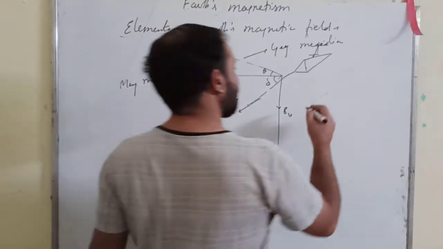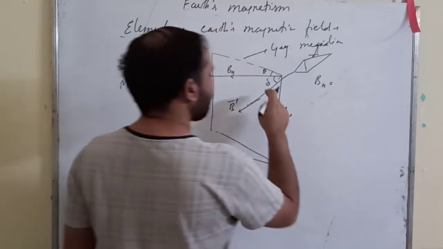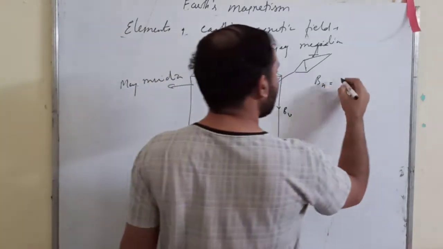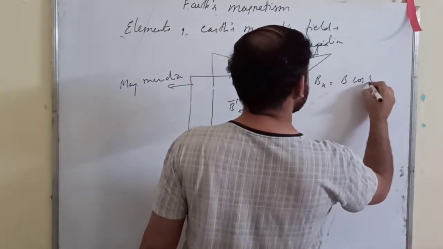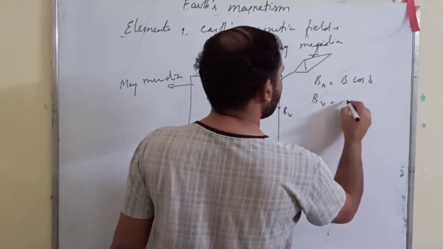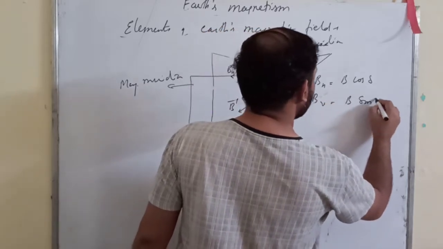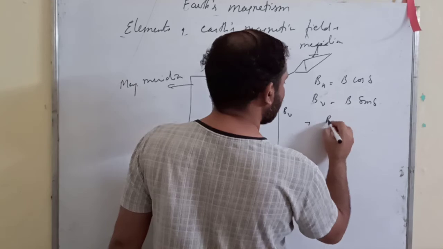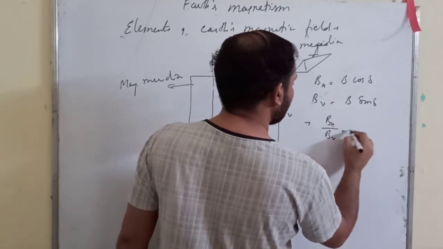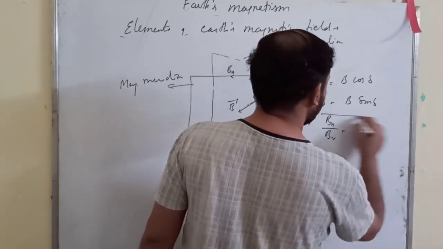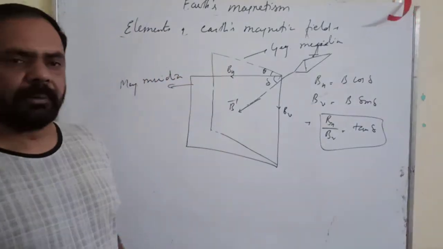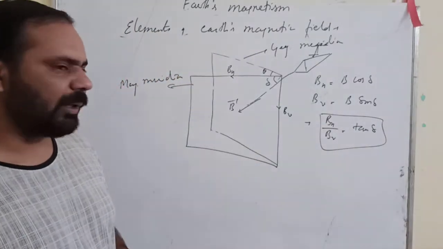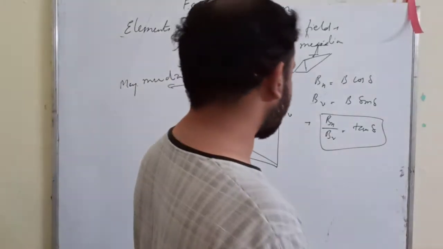Therefore, how much is your BH? This is your horizontal component, so you can write B cos delta. How much is BV? Equal to B sin delta. So how much is BV upon BH? Equal to tan delta, right?